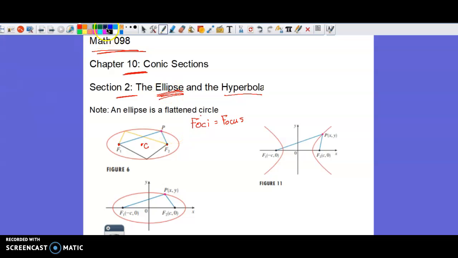One book I used to teach out of did an excellent job of this. They imagined for a second that you put a push pin into these two foci, the two focus points, might be an easier way of explaining it.